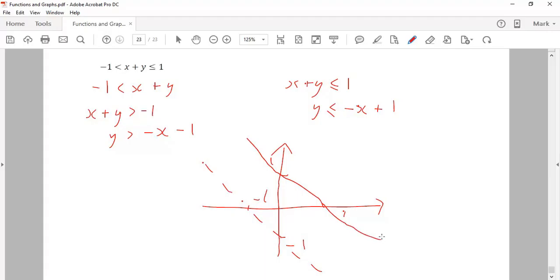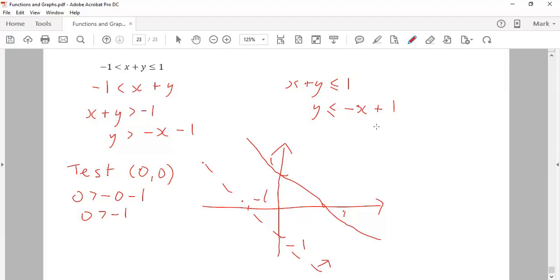So let's just test 0, 0 for both of them, because 0, 0 is in the middle and it's not on the actual line. So you get 0 is greater than negative 0 minus 1. So 0 is greater than negative 1. So that's true. So it'll be there.